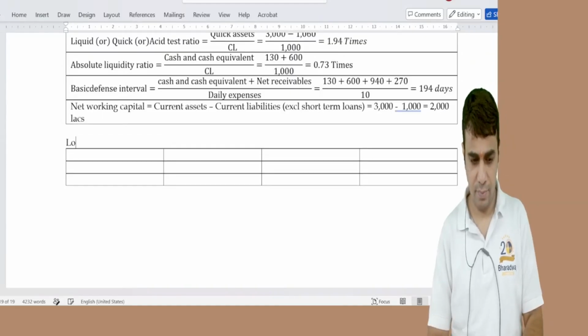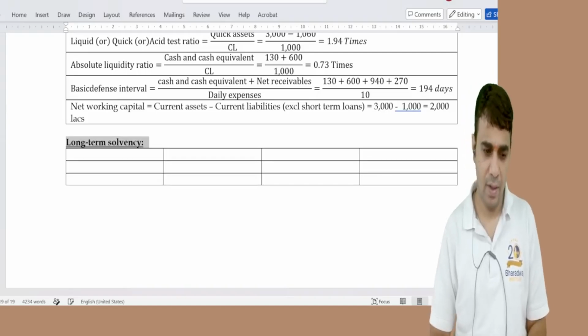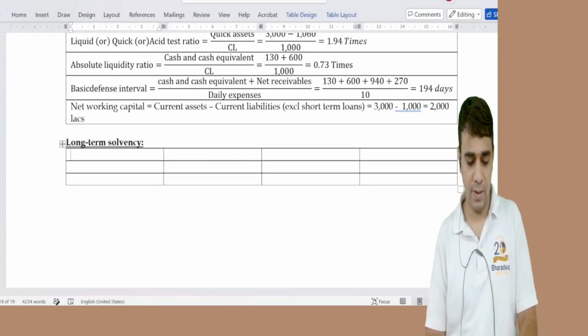Long term solvency ratio. Let's understand certain terms first.